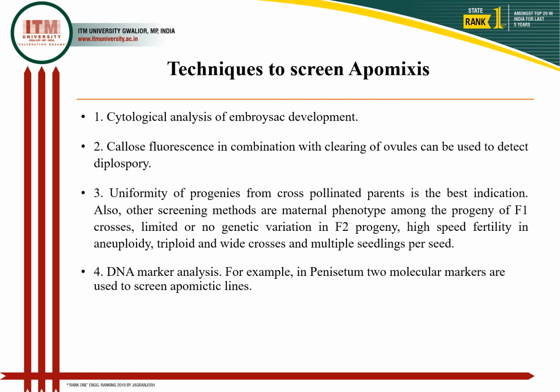So there is no or limited genetic variation in F2 progeny, high fertility in aneuploid, triploid and wide crosses, and multiple seedlings per seed. These are the things which we can utilize to identify apomixis. Further, DNA marker analysis is one of the best and most scientific techniques to identify apomictic seedlings or the apomixis situation.